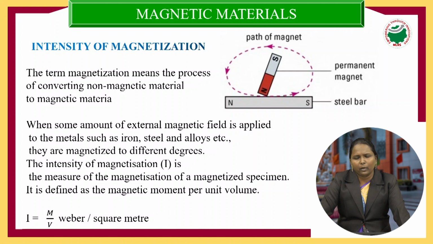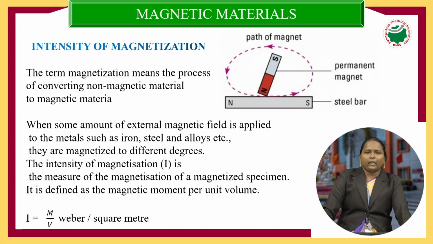When we place a material in an external field, it can be converted into a magnetic material by producing dipoles inside the material. Because of those dipoles, there is a magnetic moment inside the material. If the resultant magnetic moment is not equal to 0, that type of material is called a magnetic material. Like this, the materials are magnetized.